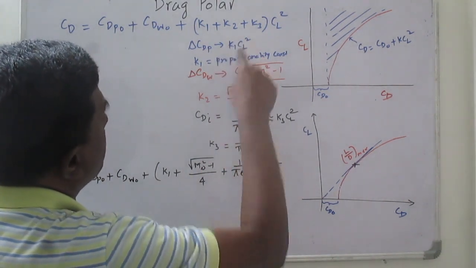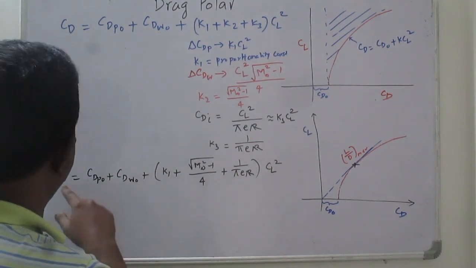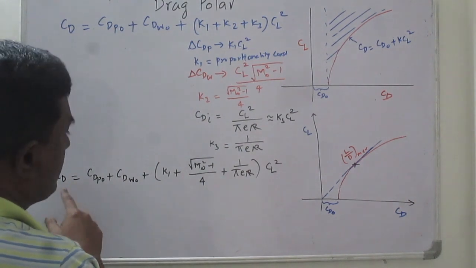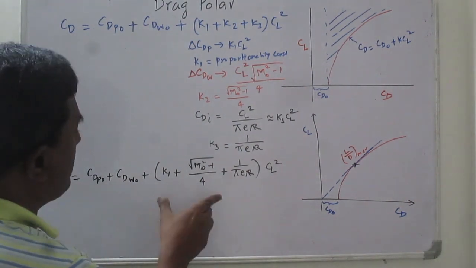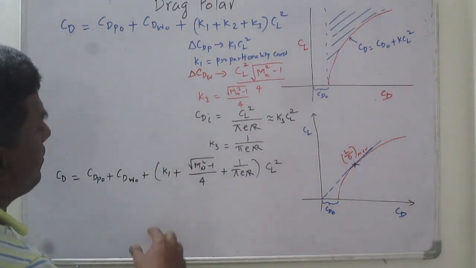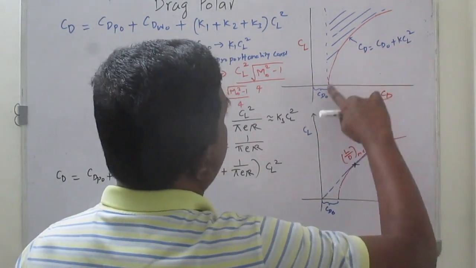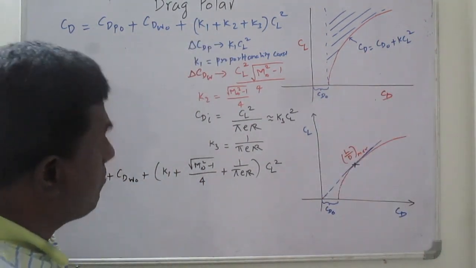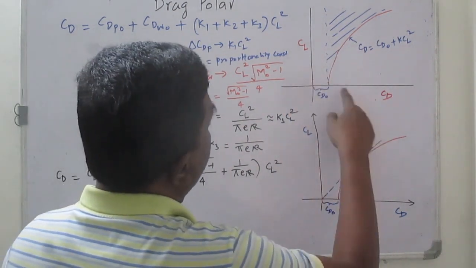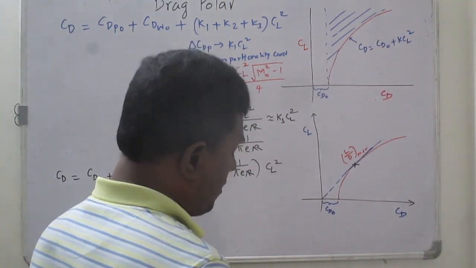So if you take k1, k2, k3 into account and express the total drag equation, the final equation will be like this. This is the actual drag polar equation. But if you consider everything, then this curve won't be purely parabolic, because in the drag polar plot, the CD versus CL curve is nothing like a parabola.